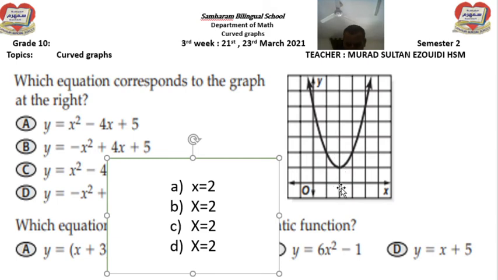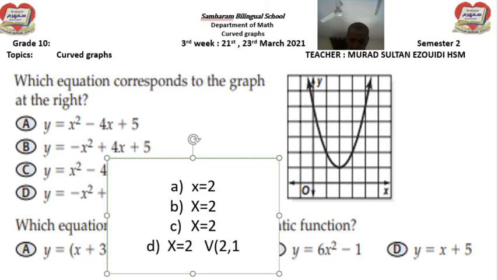And the turning point, which is V, has coordinates of what? 1, 2.